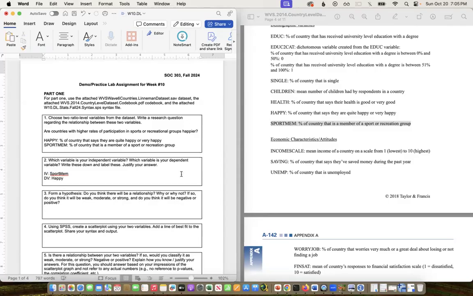Now, you could make an argument the other way. You could say maybe, in countries that have a higher percentage of people who are happy, those people are more likely to join sports and recreational groups, right? So sometimes it's going to be straightforward in terms of which is the independent variable and the dependent variable. And sometimes, just like when you're evaluating causal order, you really have to think through this. What is your research question?